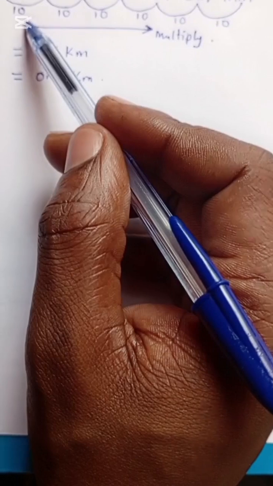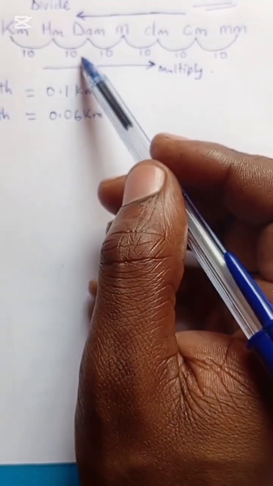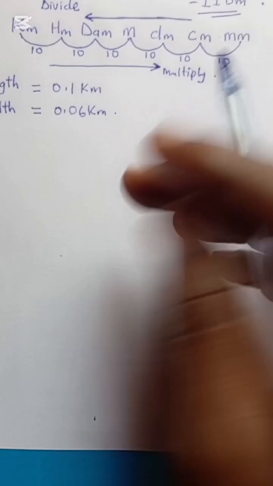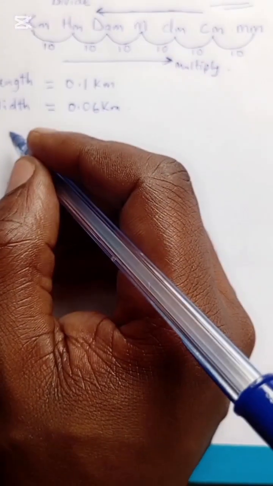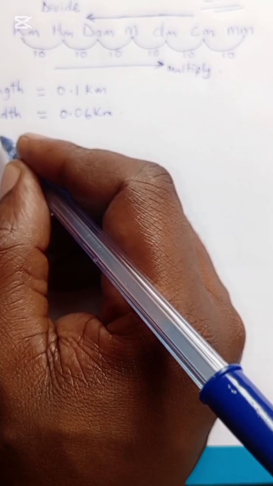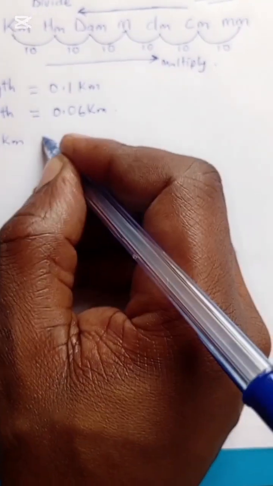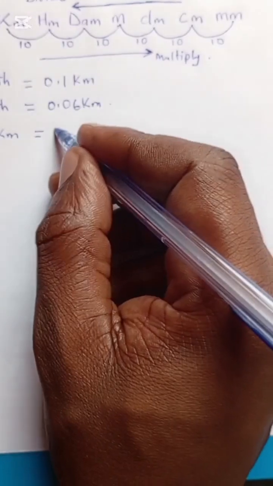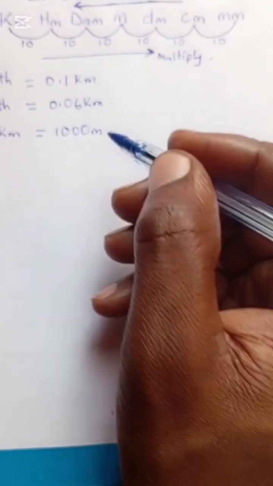That means I have 1,000 variations. Therefore, 1 kilometer is the same as 1,000 meters.